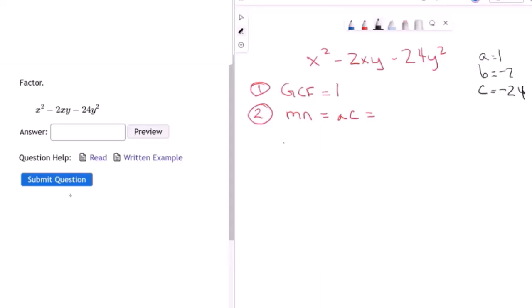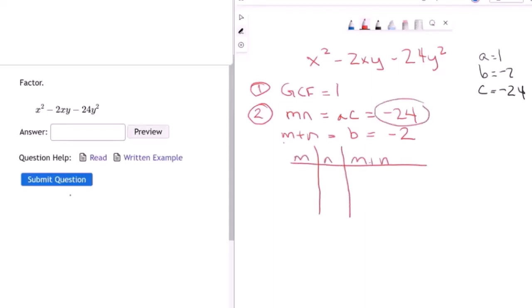It's always going to be numbers. a times c is equal to -24. m plus n, last time we had box plus triangle, now I'm just using m plus n, equals b, and b equals -2. I make my chart. If you know the answer, you don't have to make a chart. If you don't know the answer, make a chart.